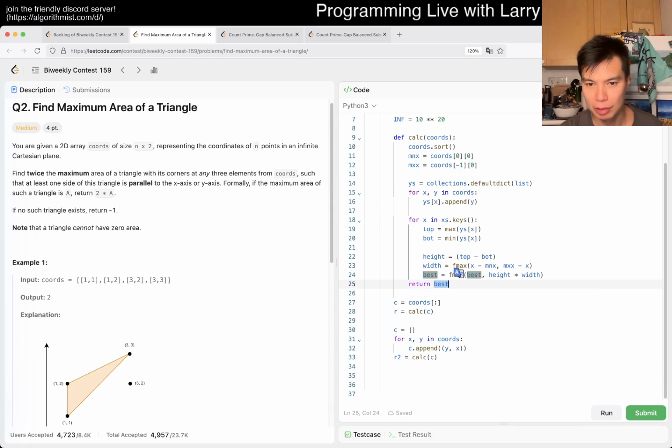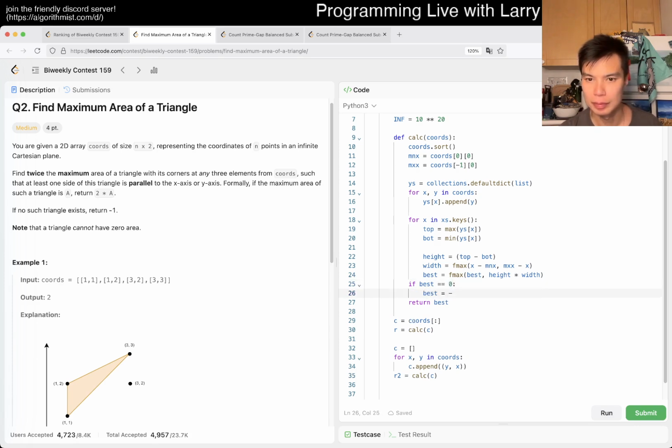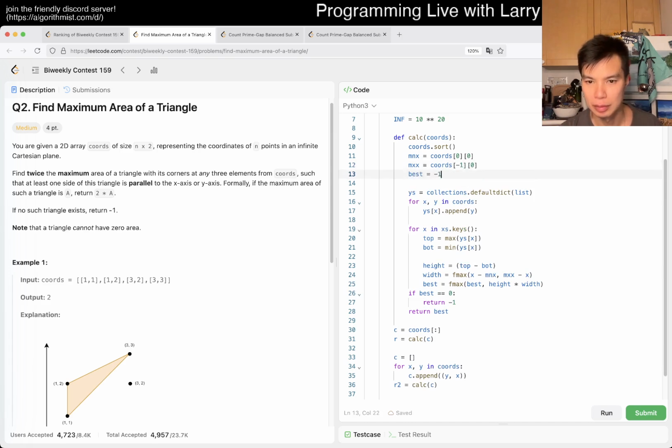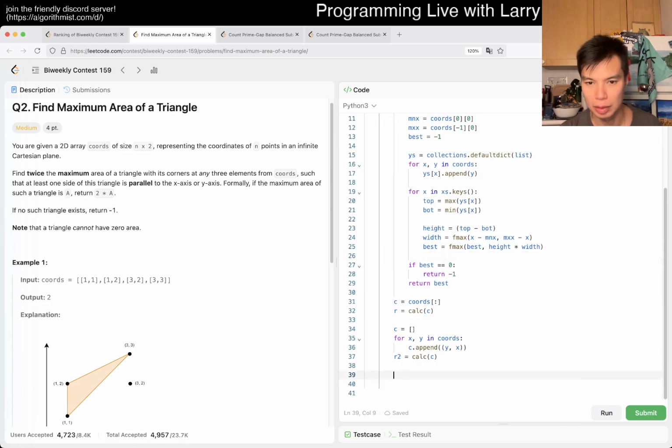Cannot be 0. So I don't even keep track of this. Good. Okay. So then now we can do. No. We want maximum area. Let's do negative and no. So just stupid 0.